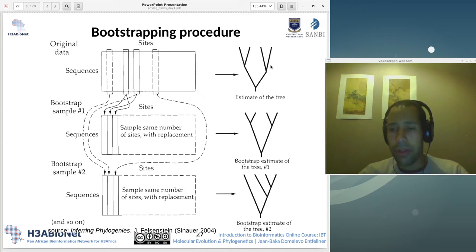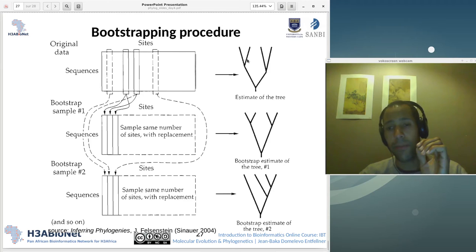And remember, when we talked about maximum parsimony, I highlighted the fact that some sites are more in agreement with a certain tree, and some other sites are more in agreement with another tree.